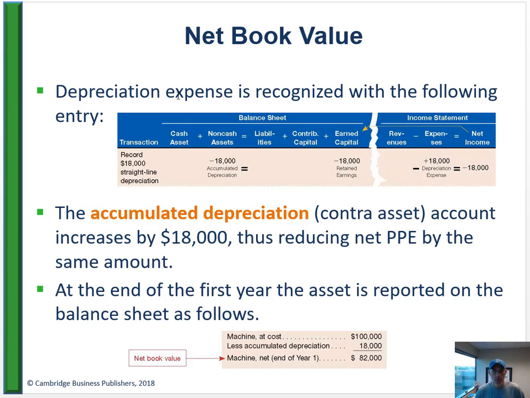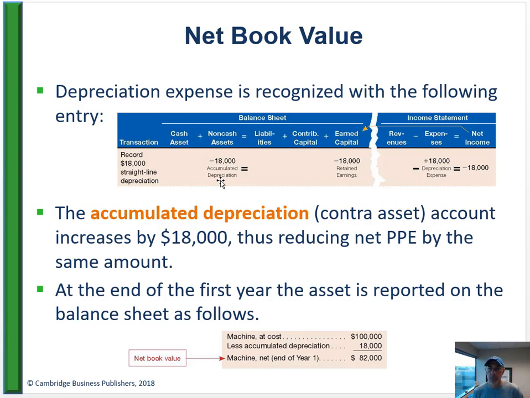If we wanted to use the financial statement effects template, you can see here that we would have a depreciation expense, and the contra credit would be an $18,000 credit to accumulated depreciation. Accumulated depreciation is referred to as a contra asset account.